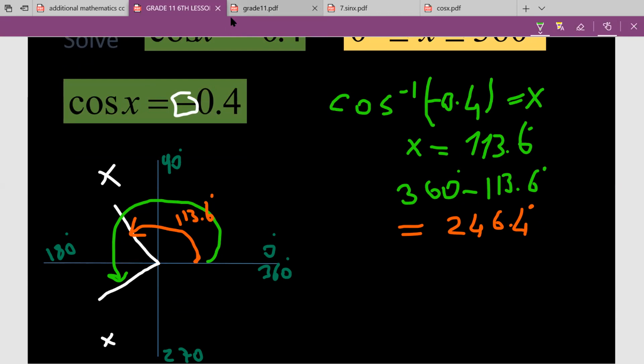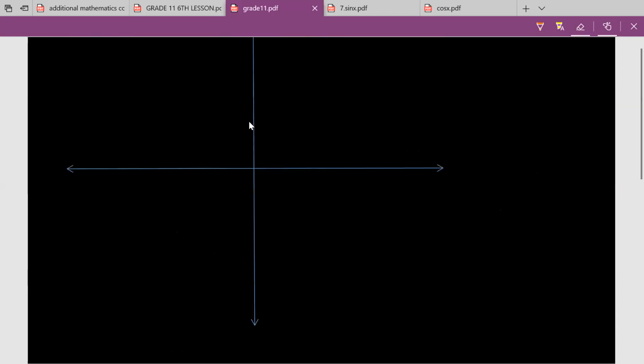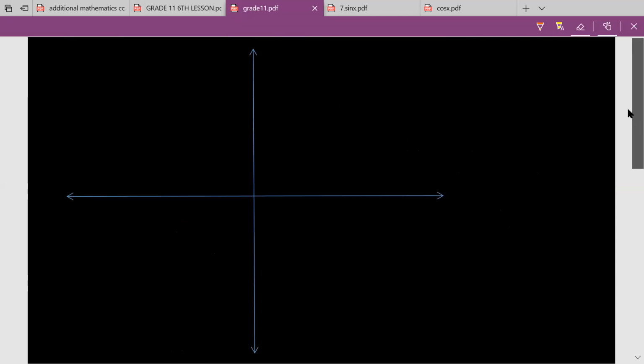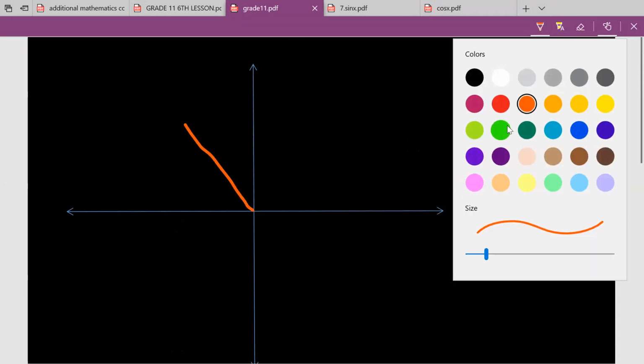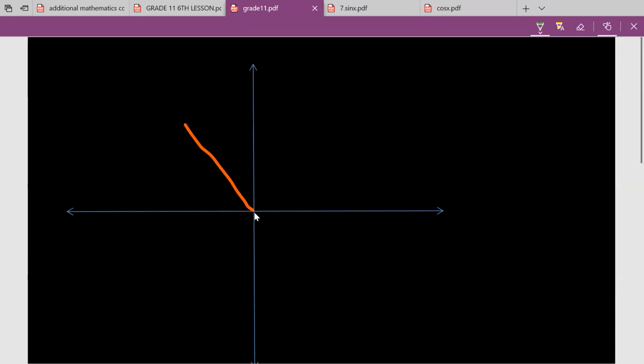If you can't find it in that way, what can you do? Let me show you. For example, here is the second quadrant, and let's deal with the green one, the third quadrant.